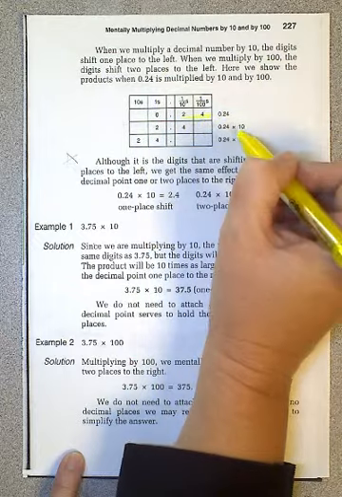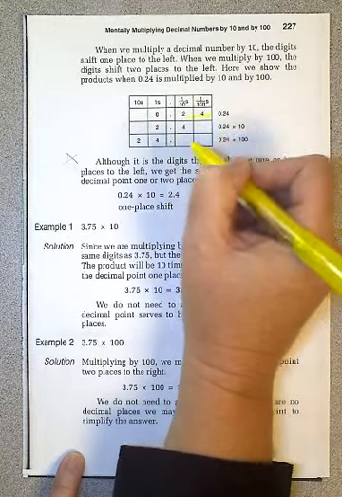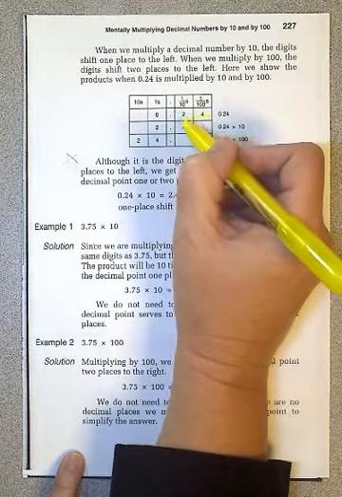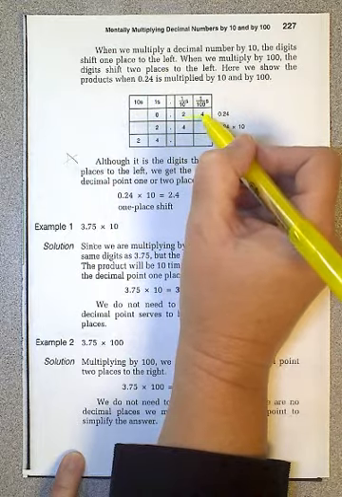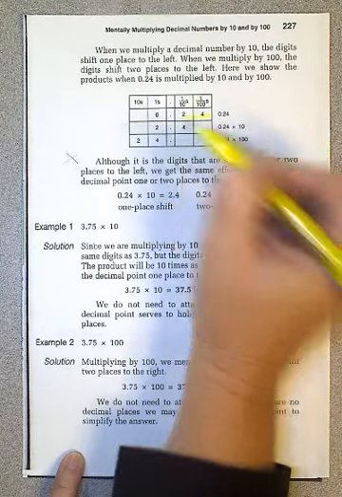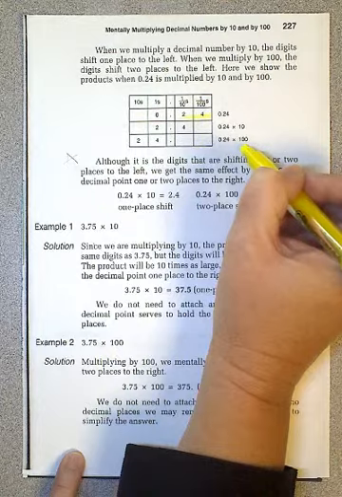Now when we multiply it by 10, our digits will shift one place to the left, and in fact, the 2 has moved from the tenths spot to the ones spot. The 4 has moved from the hundredths spot to the tenths spot. And in the case of 0.24 times 100, our digits will shift 2 places to the left.